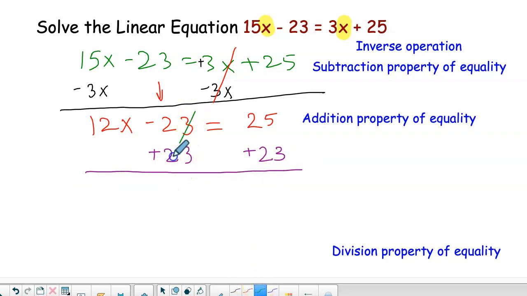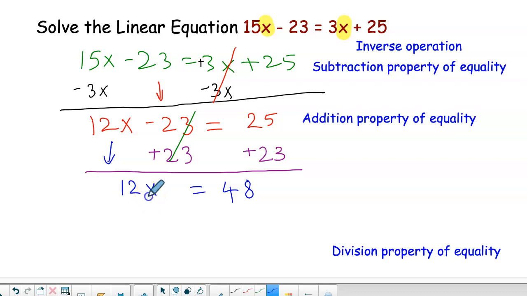Then negative 23 and positive 23 cancel. So bring down 2x, and on the right hand side 25 plus 23, that is 48, right? 5 plus 3 is 8, 2 plus 2 is 4.